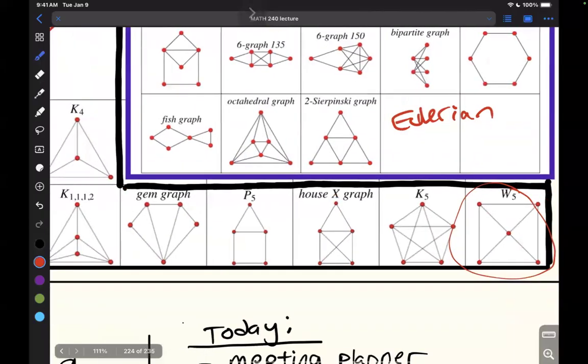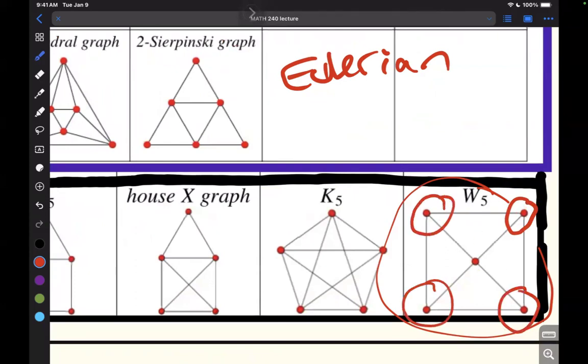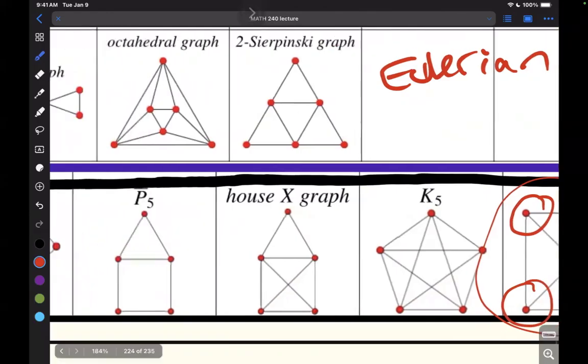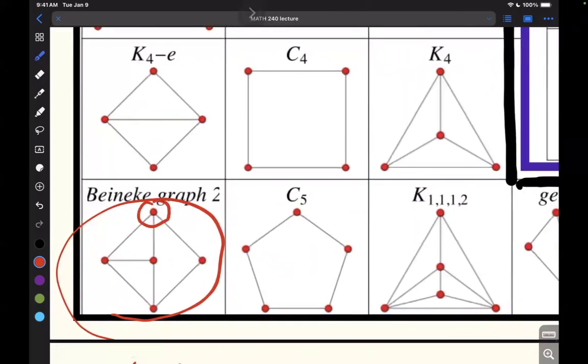It just doesn't start and stop at the same place. And so when we look at these graphs, like the wheel on 5 vertices, this vertex has degree 3. This has degree 3. So does this one. So does this one. That's more than 2. And so therefore, this graph in particular cannot be Eulerian. And similarly, this graph has 1, 2, 3, also 4. 4 is not 2.